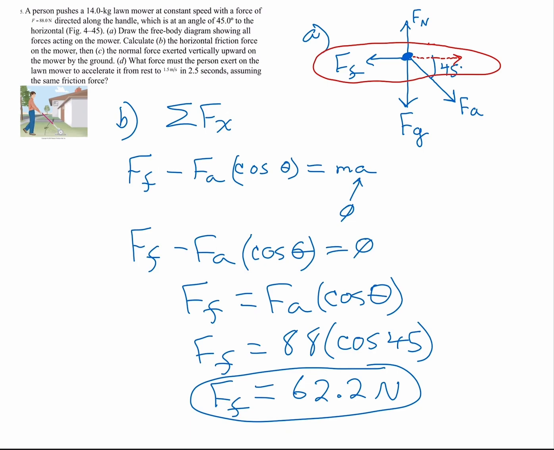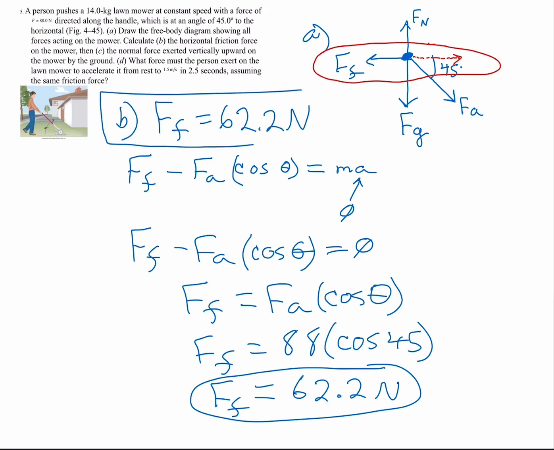So what I'm going to do is write this down somewhere because I need some space. So the force of friction is 62.2 newtons for B. All right, that wasn't so bad.